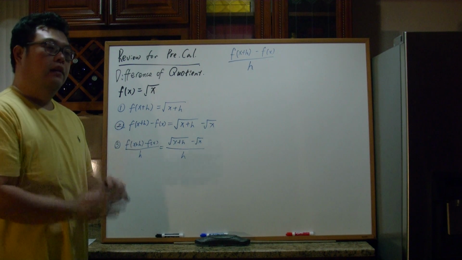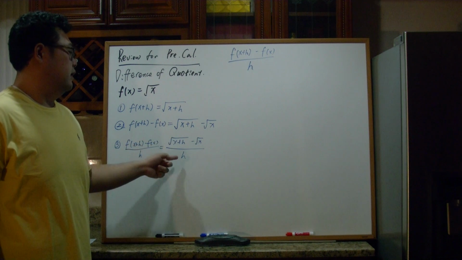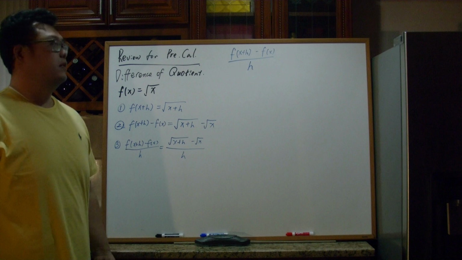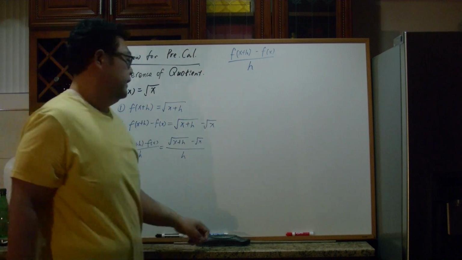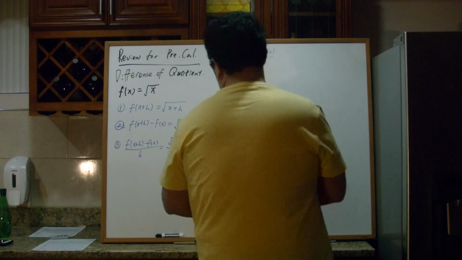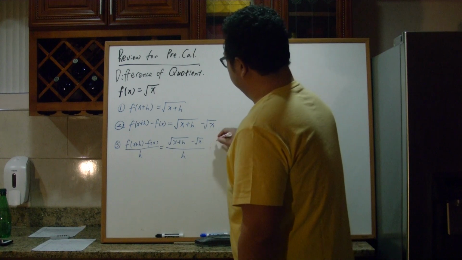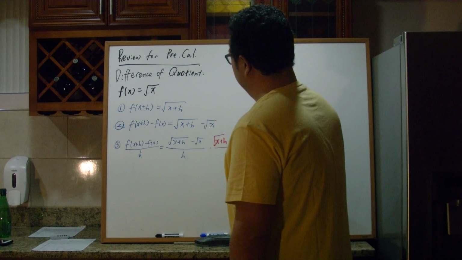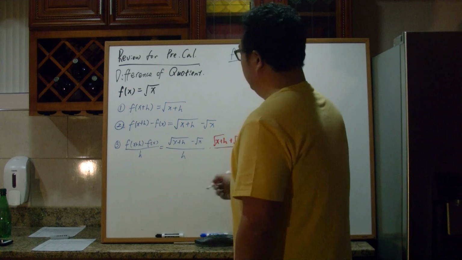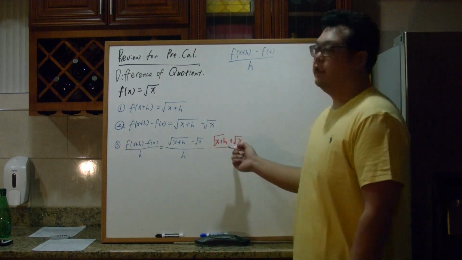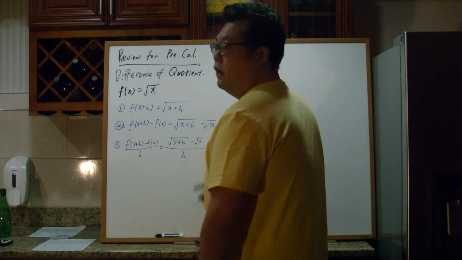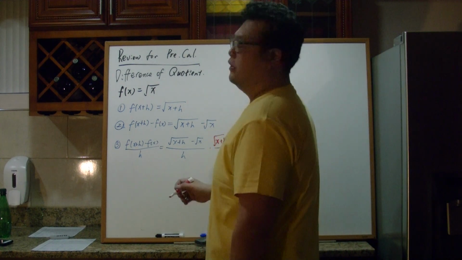So we need to figure out a way to make this h on the denominator cancel, like what we saw before. So what we could do is rationalize. Well, we have two radicals, and multiplying by its conjugate is the way to rationalize the radical expression.